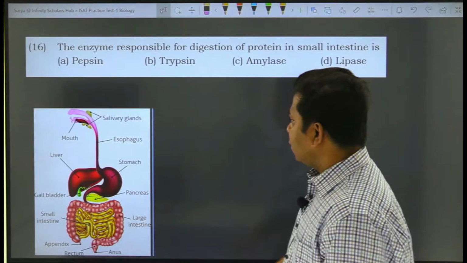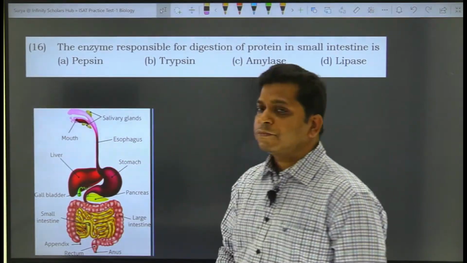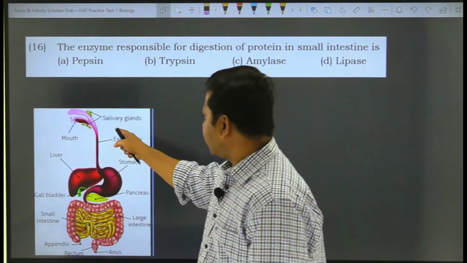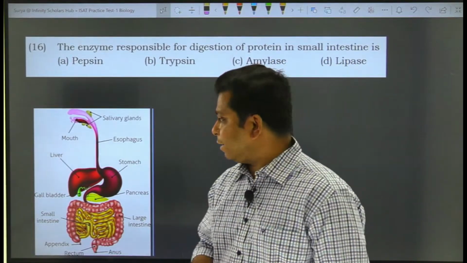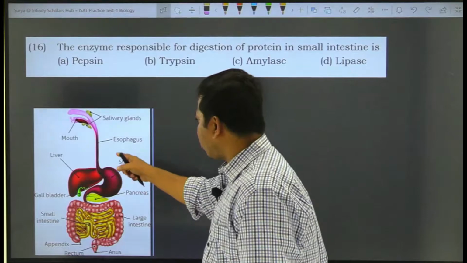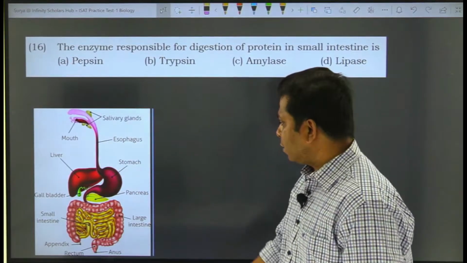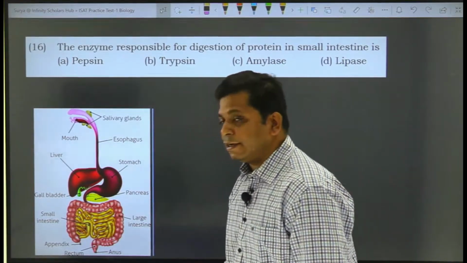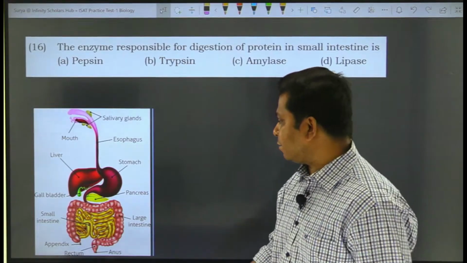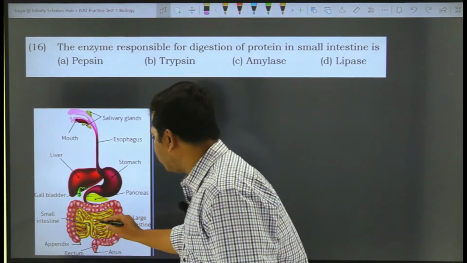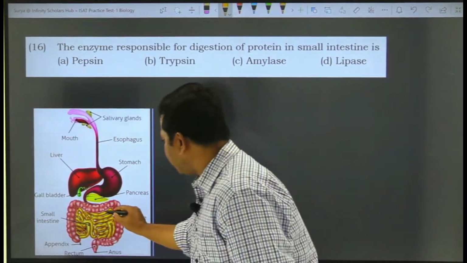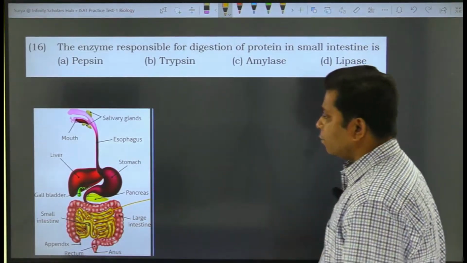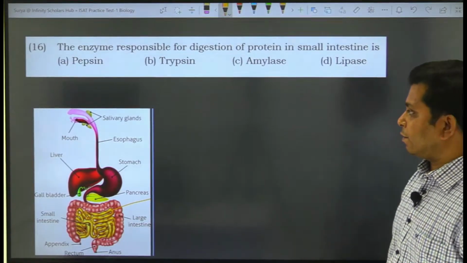The food materials are taken through the mouth, digested in the mouth partly by the action of amylase, then taken into the stomach through the esophagus, where some components are digested again, then it goes to the small intestine. So, this is the pathway of the digestive system.